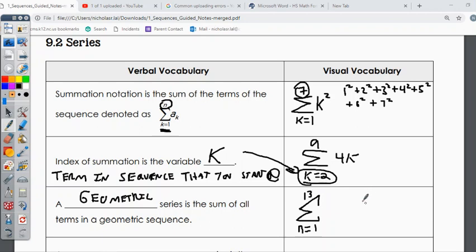And then you have negative 2/3 to the n power.